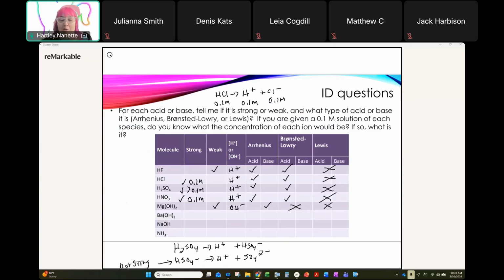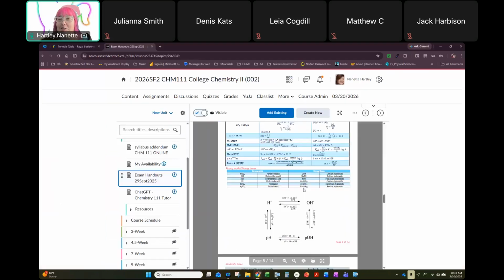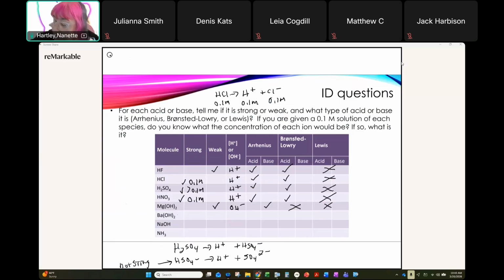Yeah, I figured I should walk you through all of these because it'll make it easier. So, when we talk about Ba(OH)2, that's here in the list of strongs, right? Since it's in that list of strongs, I have to treat it as a strong base. It is an OH minus donor. I'll come back to the concentration.